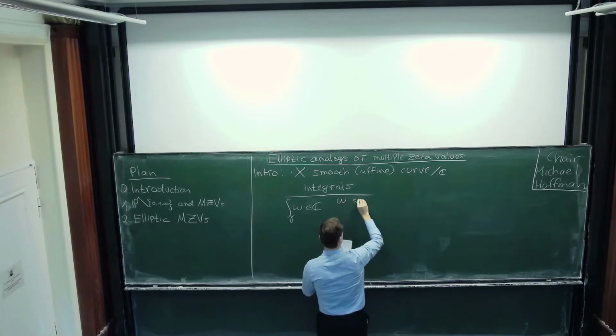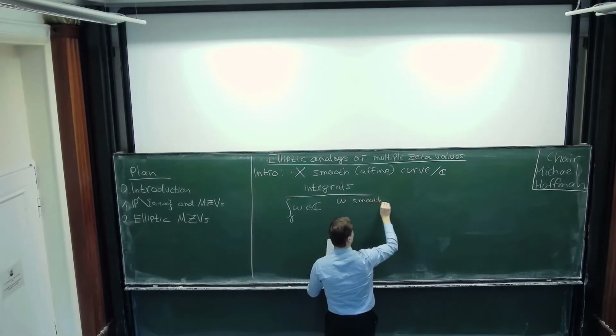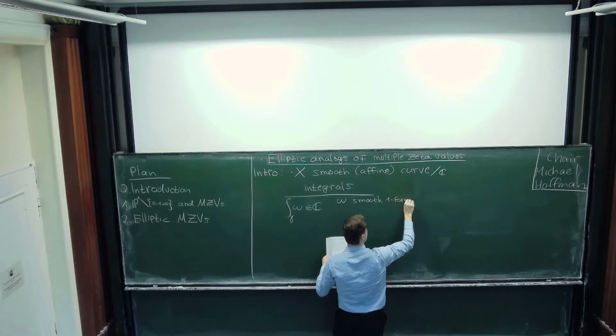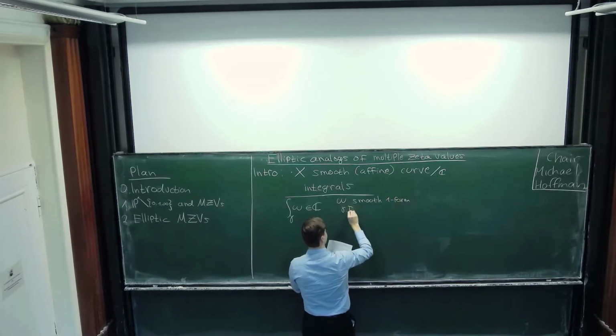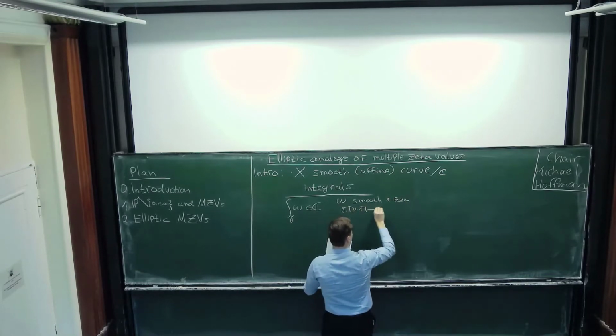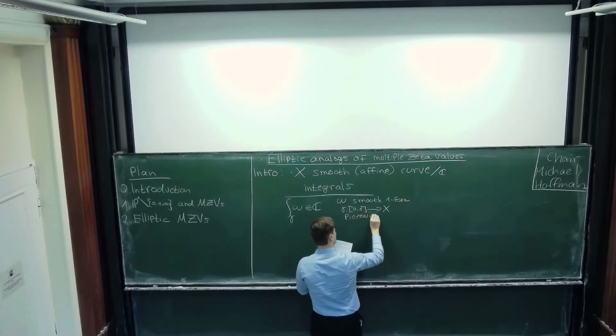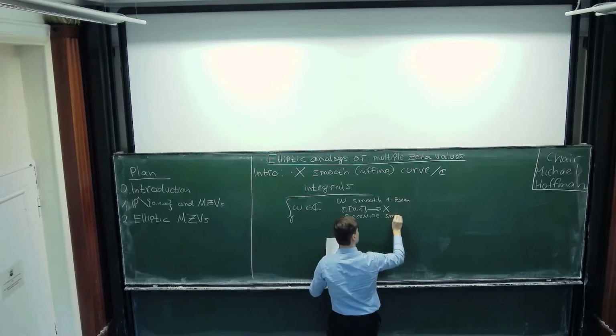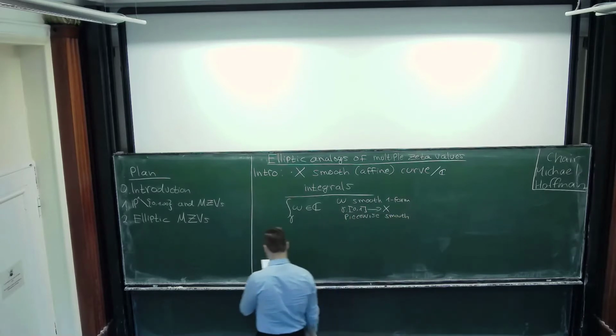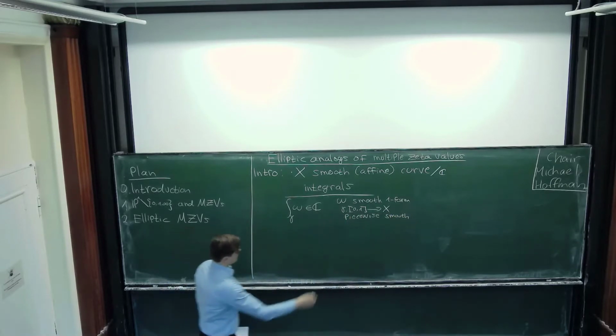So omega a smooth one form, and gamma a piecewise smooth path. Right, so very general.